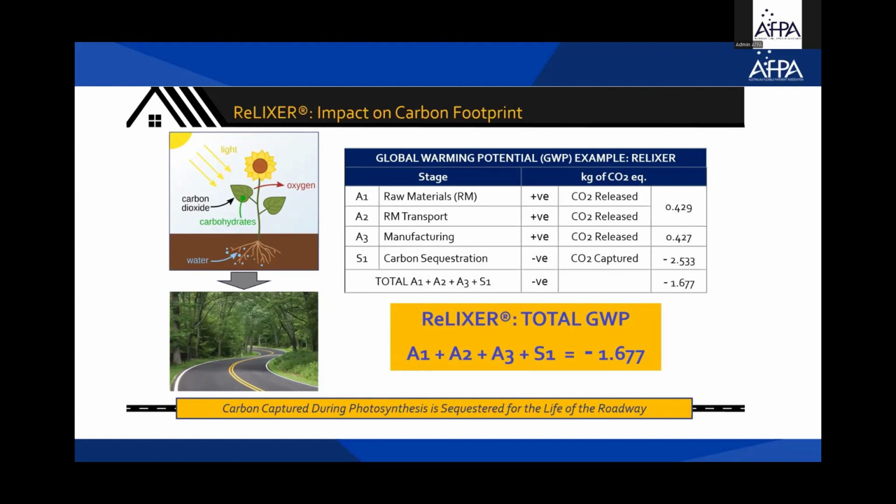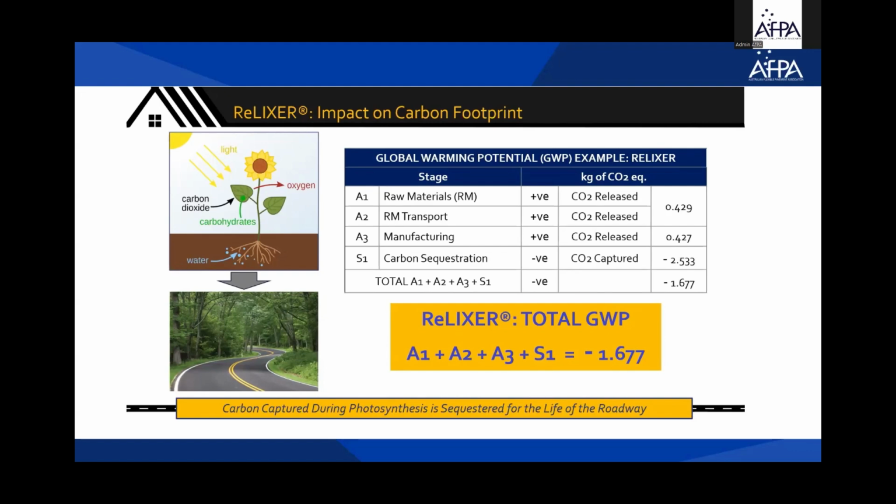This is the kilogram of carbon dioxide equivalent released per kilogram of Relixir produced, and it is comprised of several different components: A1, A2, A3, and S1. A1, A2, A3 are raw materials, the transport of raw materials to the factory site, and the manufacturing.